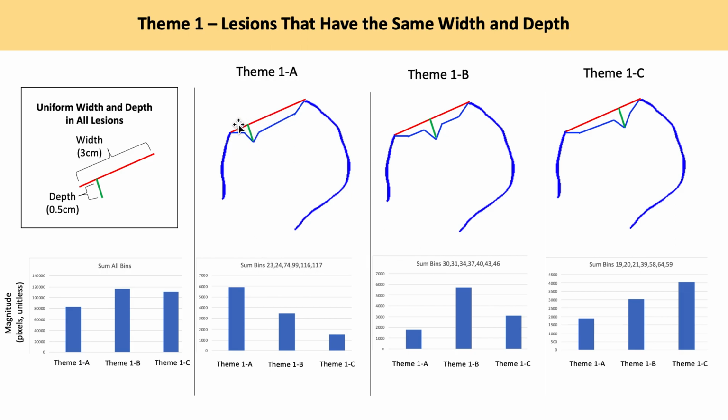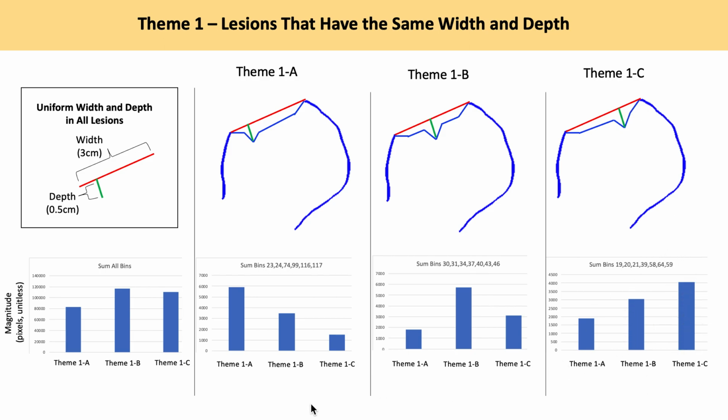Here in theme A, the deepest trough is on the left. And as you can see in the graph for theme A, this set of frequency bins shows the largest value when summed together. The same for theme B in the middle: the largest bar is in the middle. And in theme C, the deepest trough is towards the right, and that is captured in the graph below it.